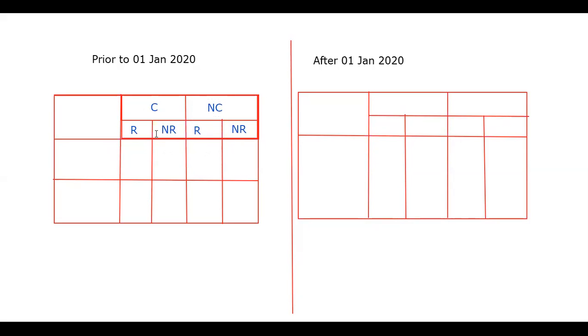And then here also the same: C for citizens and non-citizens, and residents and non-residents. Here again residents, non-residents.